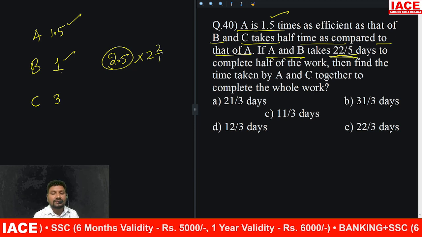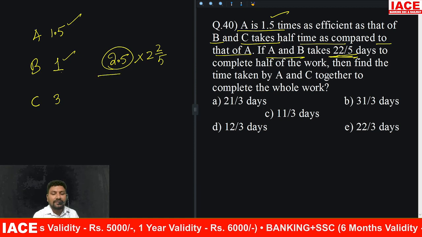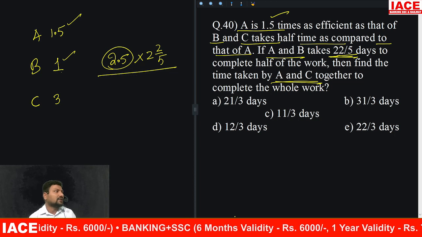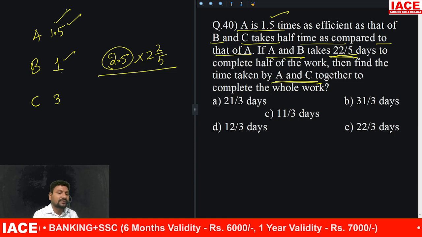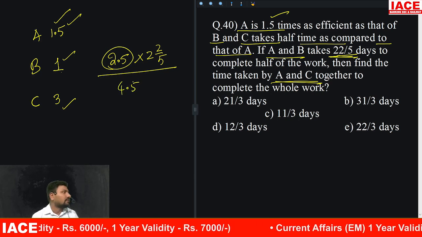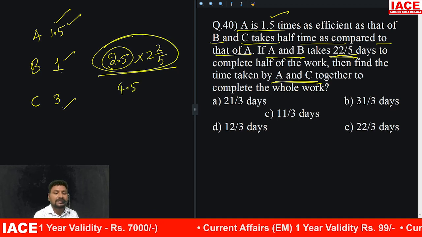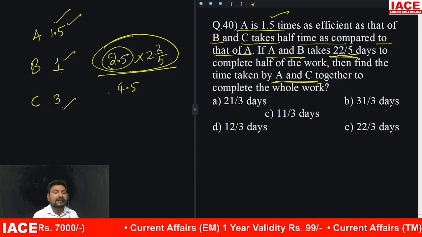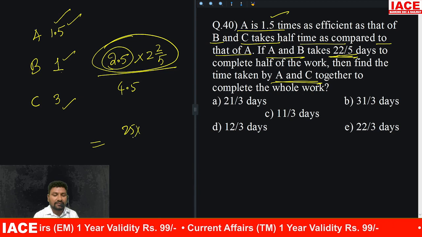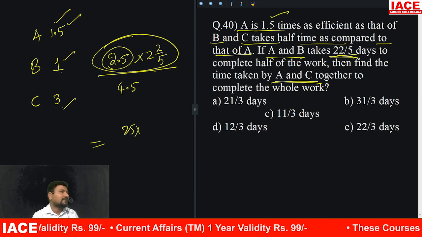This same work we are assigning to whom? A and C together. A efficiency is 1.5, C efficiency is 3. The total efficiency is how much? 4.5. This work is done by A and B. Now it is assigned to A and C. Then how much time is required to complete it? So 25 by 9, 2 by 5 is a mixed fraction.